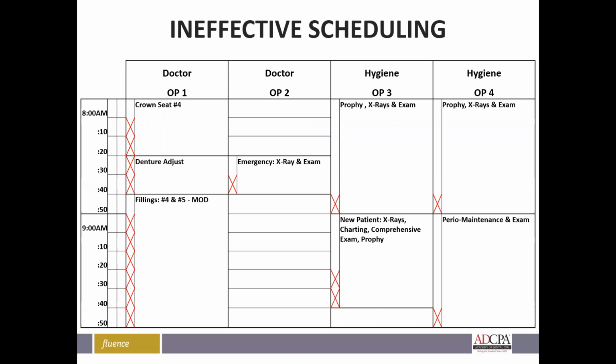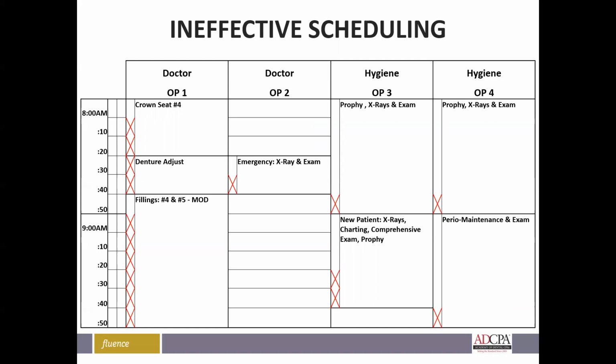So in this particular day, the day starts in operatory 1 for the doctor with a crown seat. And it goes pretty well for that first bit. But then a denture adjustment is put in the schedule. There's not going to be quite enough time to turn that room around, so the denture adjustment will start to run late. The emergency exam will start to run late.